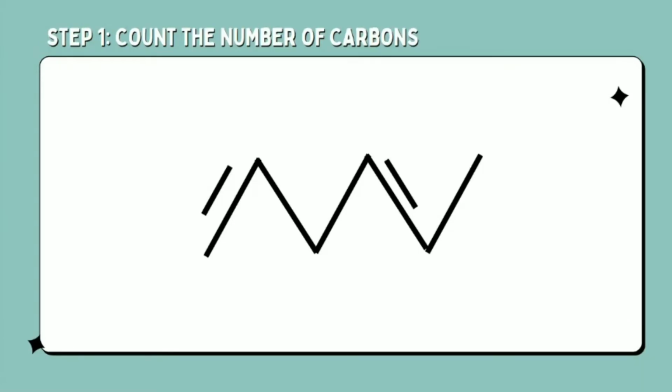Count the number of carbons. This example has 6 carbons. You will start to count here. And if we have 6, that means the prefix that we will be using is hex.